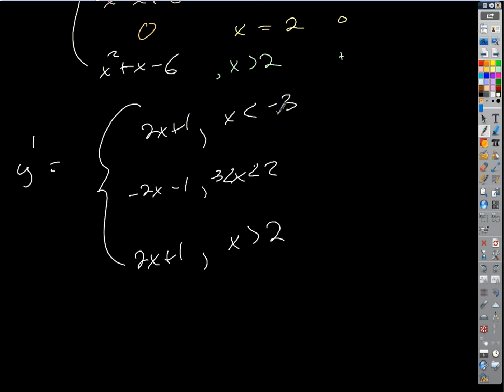The tangent lines would have different slopes, and so they'd be meeting at a sharp corner. So to test that, we would just take a quick limit here: the limit of 2x plus 1 as x approaches negative 3 from the left, from the negative side, is equal to what?